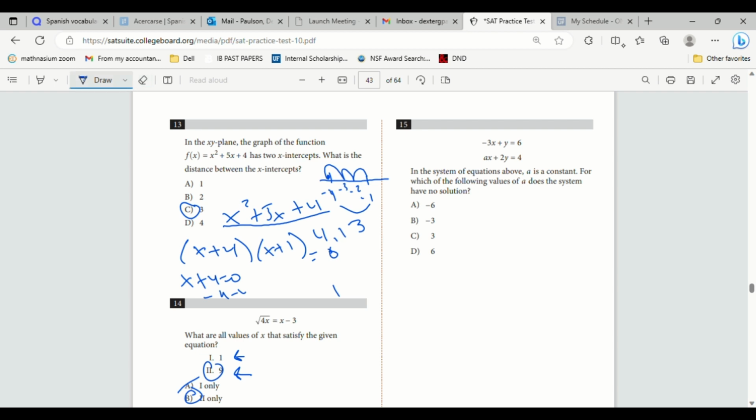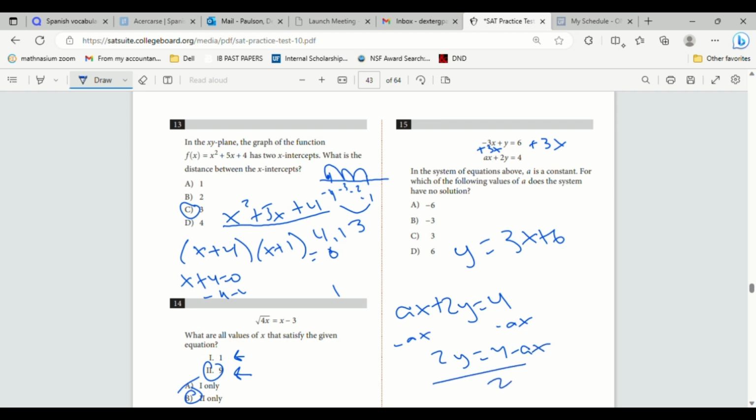So let's write out these equations in slope-intercept form. I can add 3x to both sides for the first equation, giving me y equals 3x plus 6. And then I have ax plus 2y equals 4. Subtract ax from both sides: 2y equals 4 minus ax. Divide everything by 2 to get y by itself.